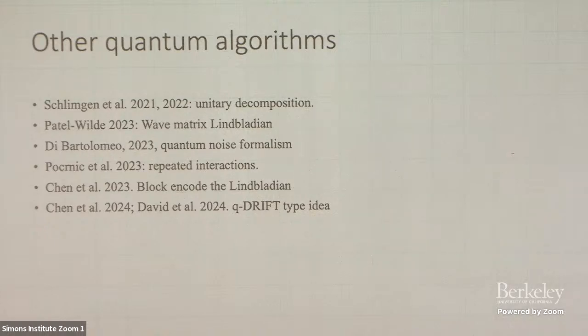There are ideas based on vectorization of the Lindblad equation, and we felt it doesn't seem natural to implement on a quantum circuit. And then there are also two recent works about randomized algorithms that were inspired by Q-drift.